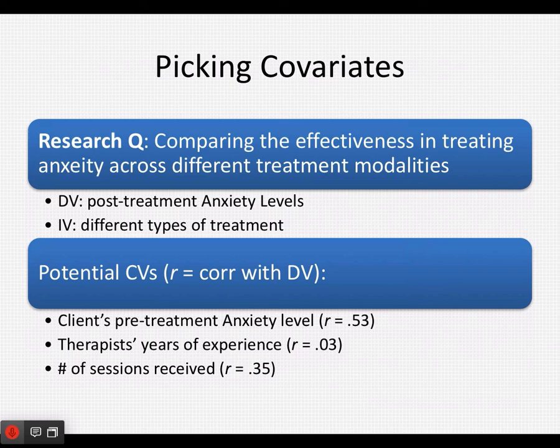The second one is the number of years the therapist has been doing therapy, and it's correlated with post-treatment anxiety level at 0.03. The third one is the number of sessions they received during the treatment process, correlated at 0.35. So which covariate or covariates would you choose?